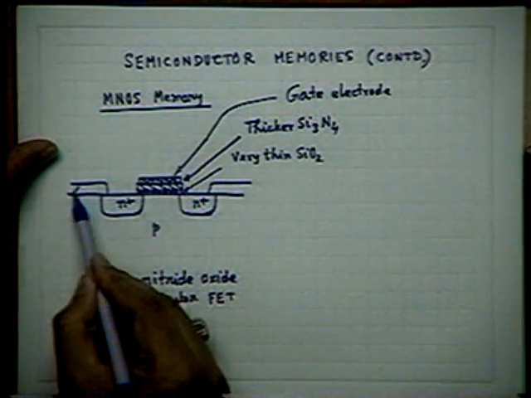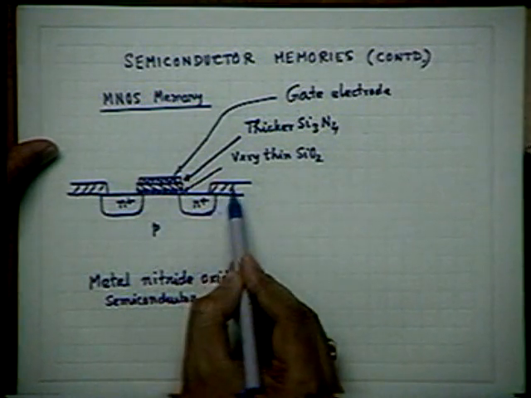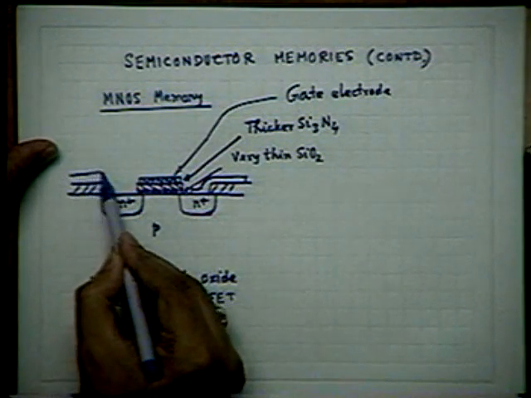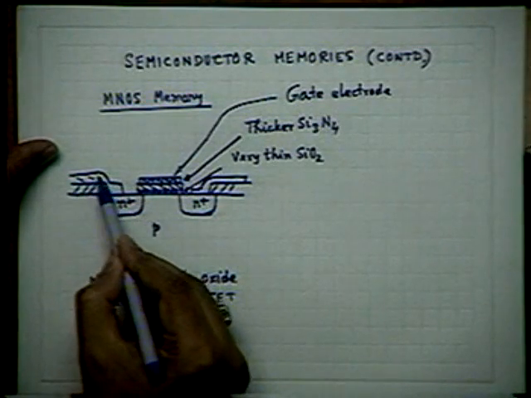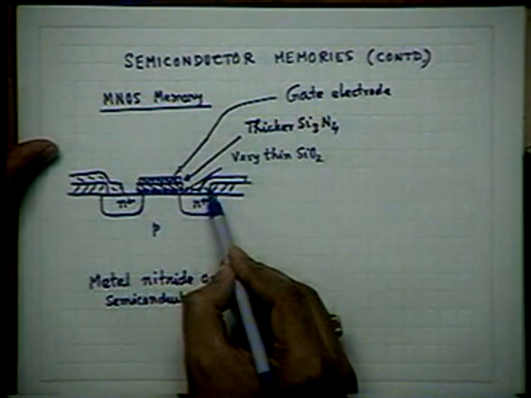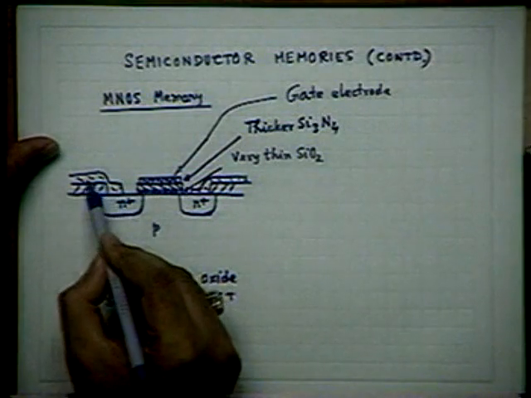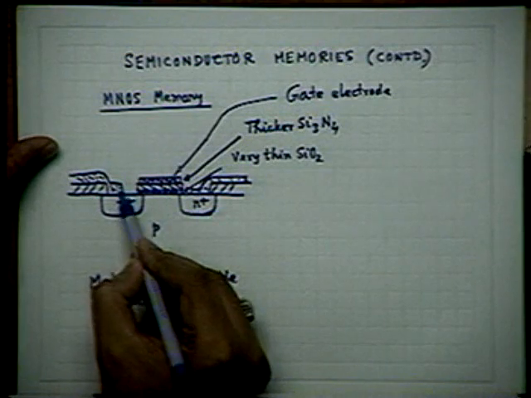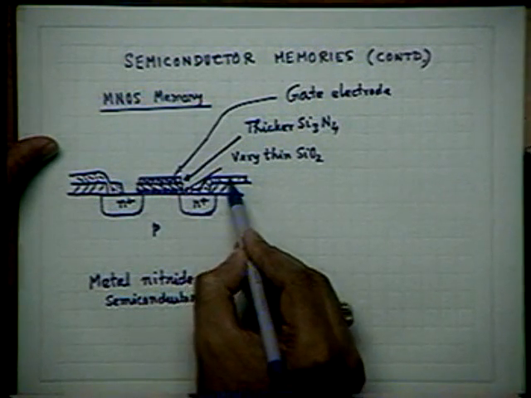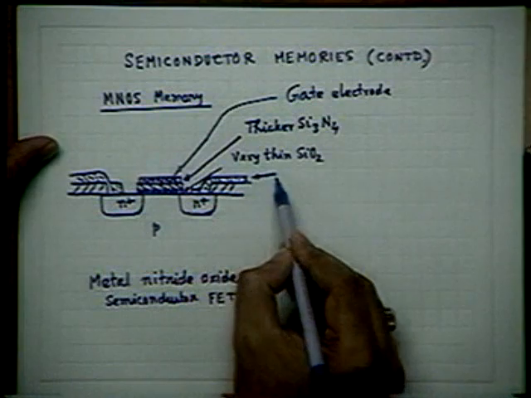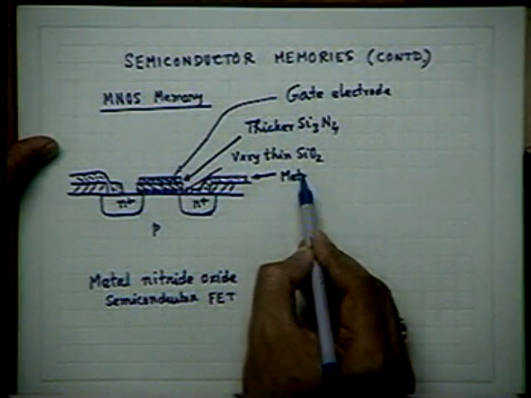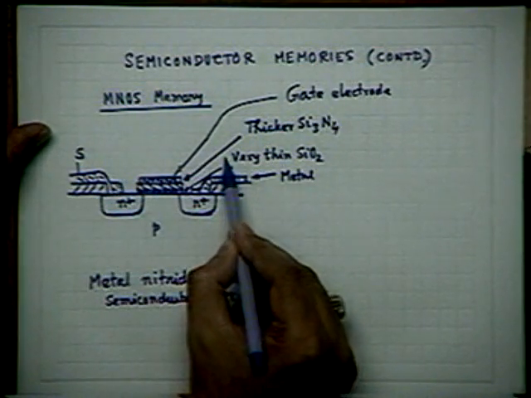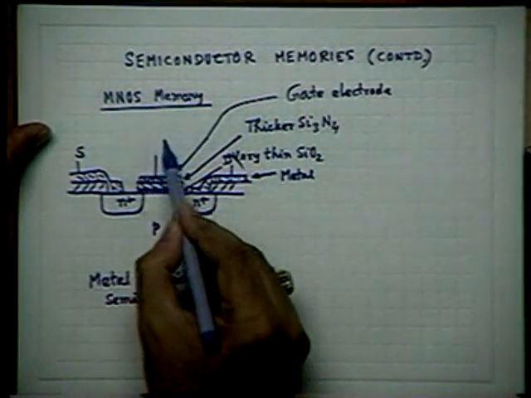So this is oxide, this is oxide. You have got some metal here for connection purpose. As usual, this is source, this is drain, and this is your gate.